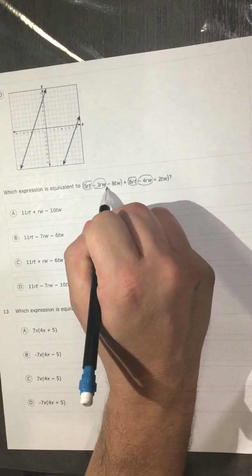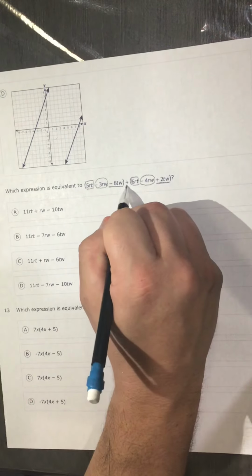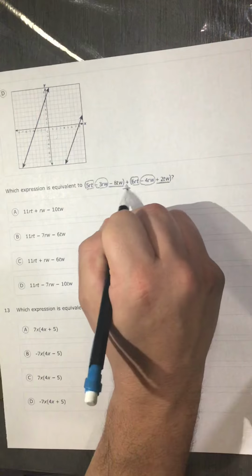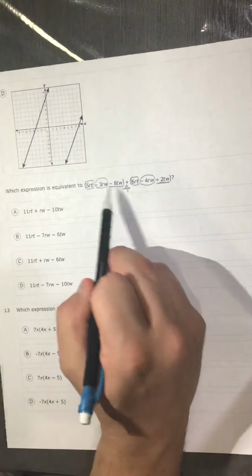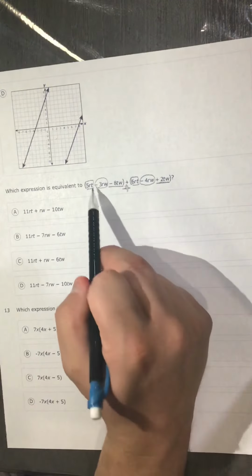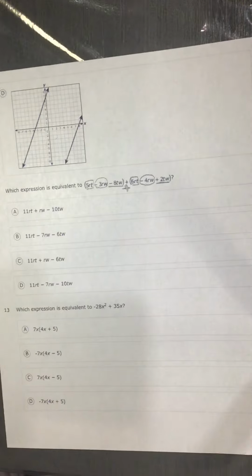And my TWs, I'll just throw underlines. Now I'm gonna follow my main symbol right here, which is plus. If I'm adding, all I'm doing is taking my symbols and connecting them. 5RT, 6RT. I'm not gonna do it for you. You should know how to do this.